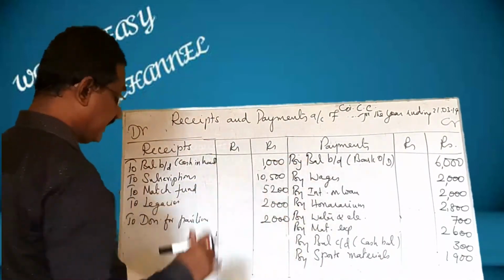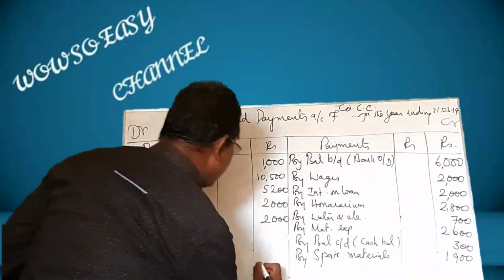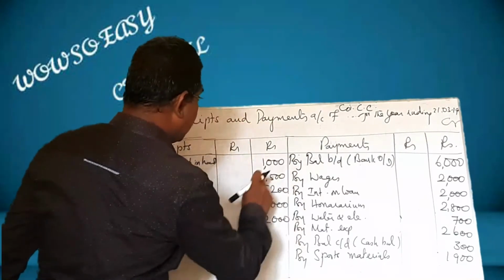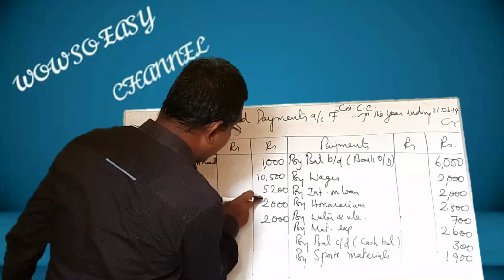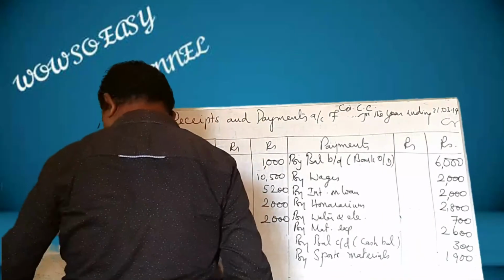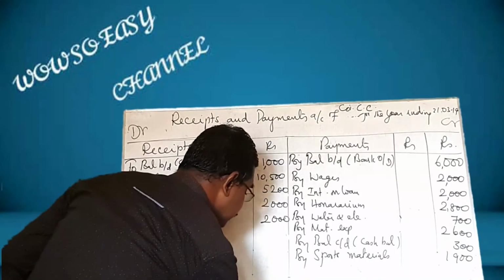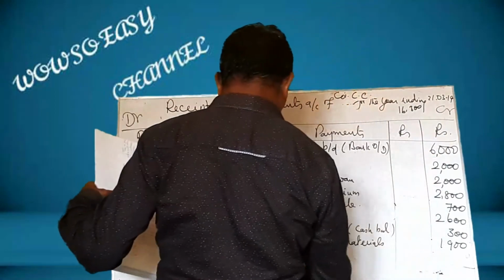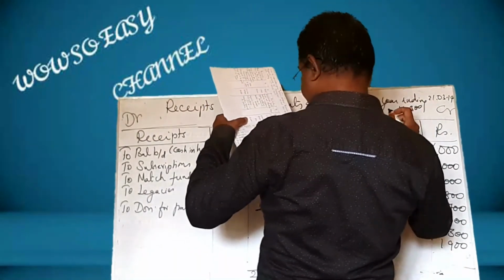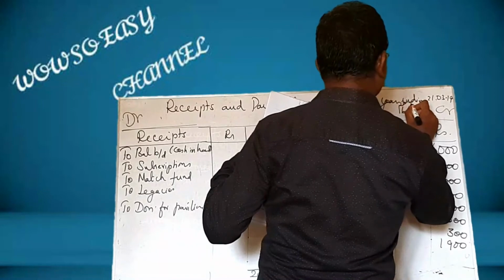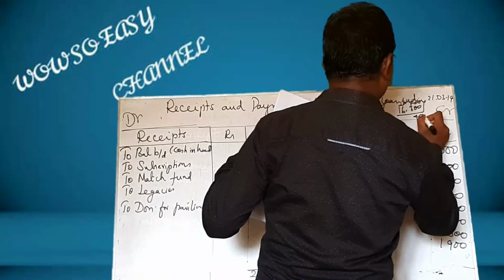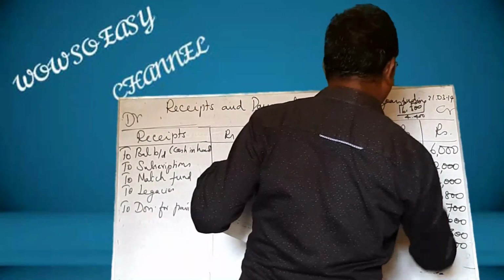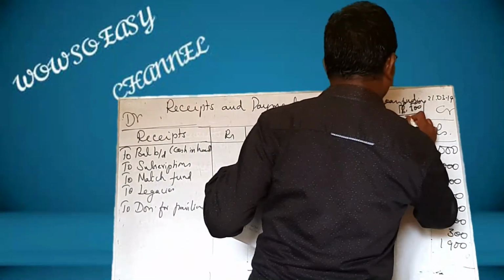Now go for balancing these two, and this total will come 20,700. This comes to 18,300, and whereas this one is 20,700. This comes to 2,400.